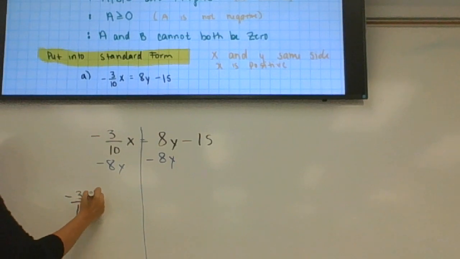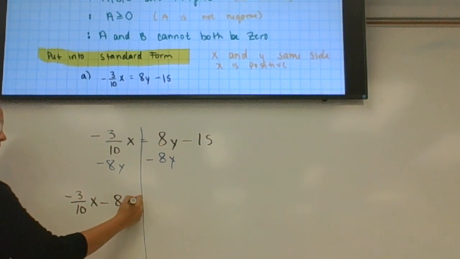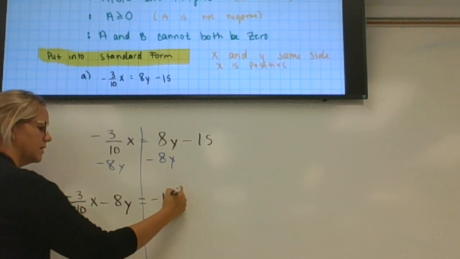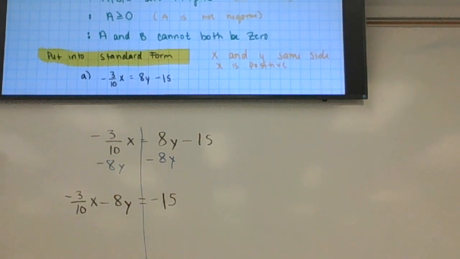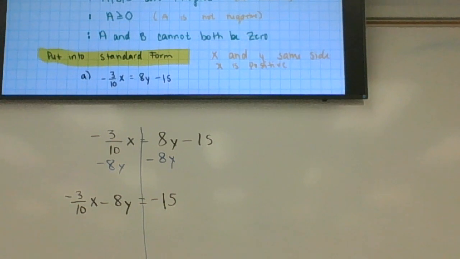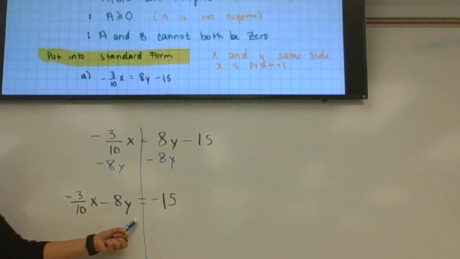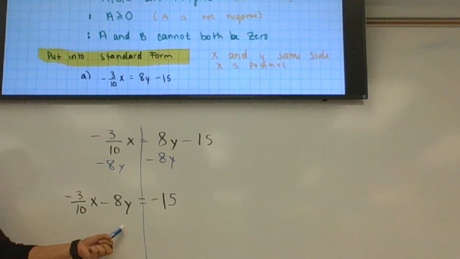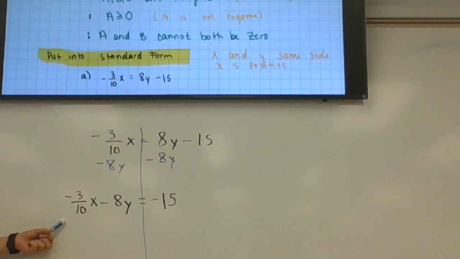And I'm going to put it so that it's looking like X, Y, C. X and Y together. So the rule was that A and B and C should be integers and fractions are not integers.